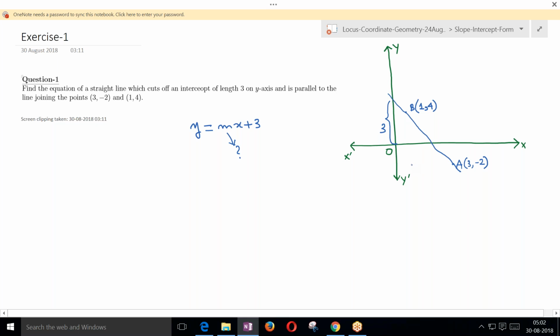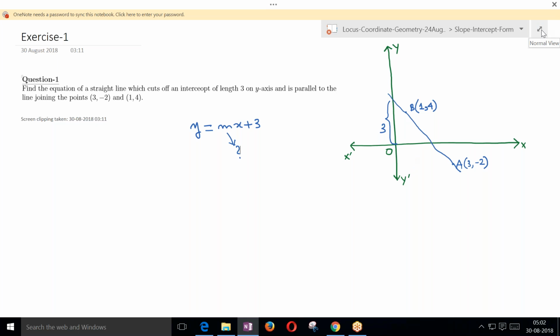If the 2 coordinates are given, then the difference of their y coordinates by the difference of their x coordinates is called the slope. And as 2 parallel straight lines have the same slope, here I made a little, not exact, replica of this question.